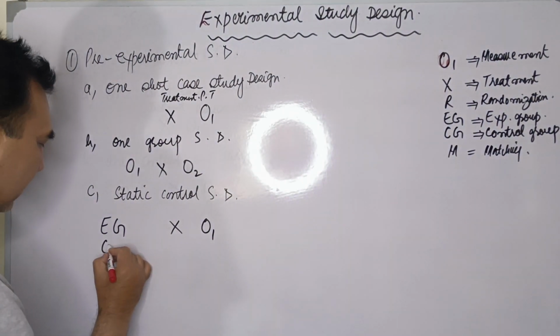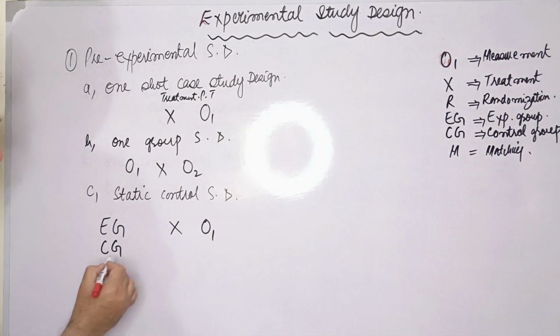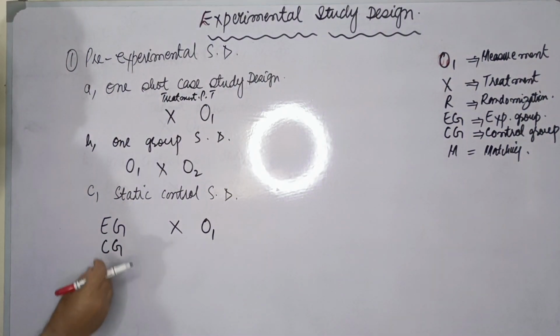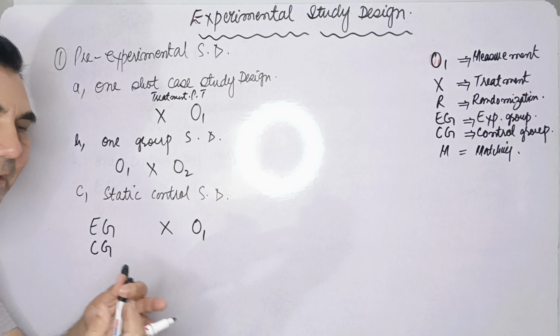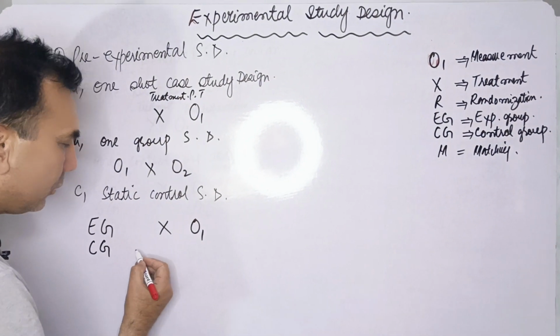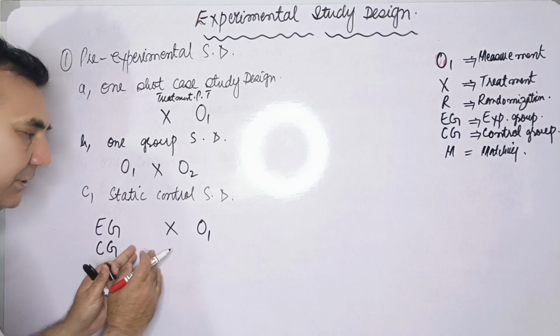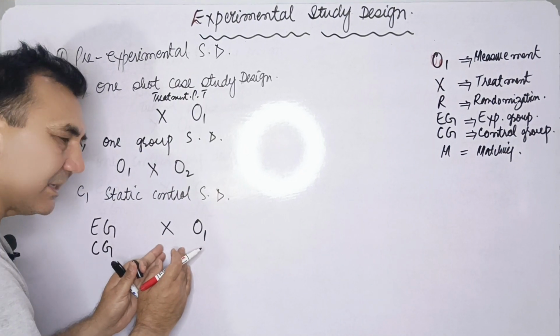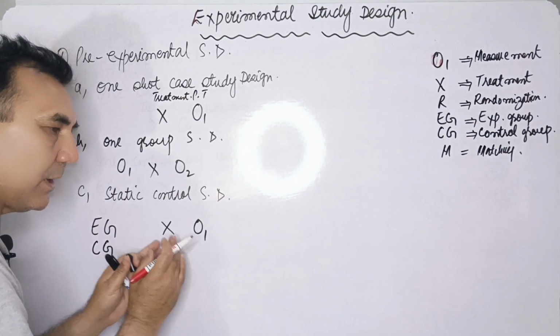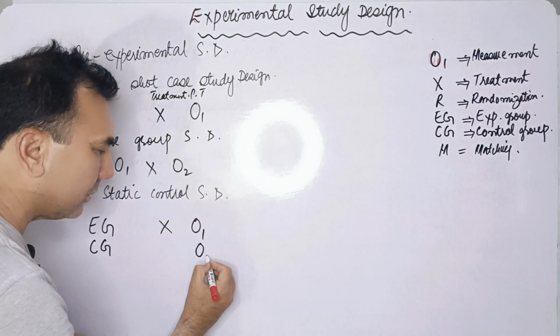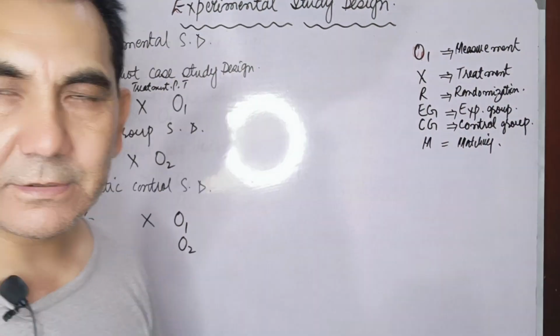The other group is called the control group. For the control group, he will not measure the pretest and will not expose them to the experiment, and will go directly to measure the post test.